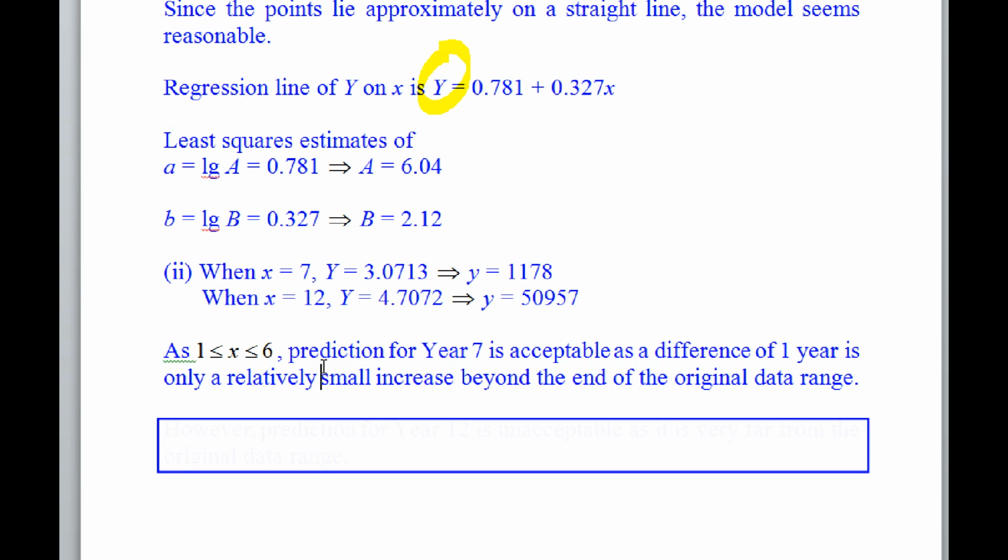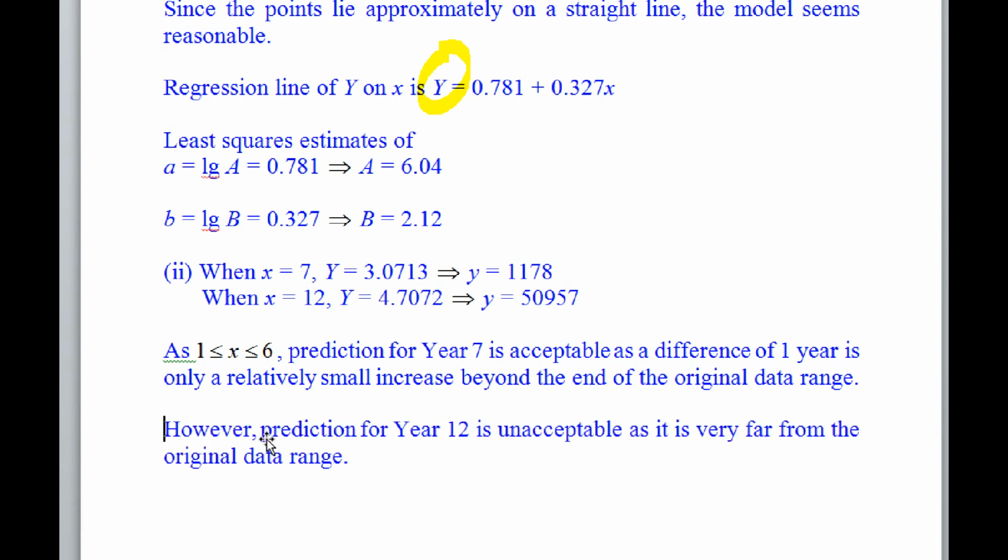Because you look at the number 50,000, then your year 1 to year 6, the maximum is only what? Only 560 maximum. So it's really 100 times ridiculous. This one is really far-fetched. Not acceptable.